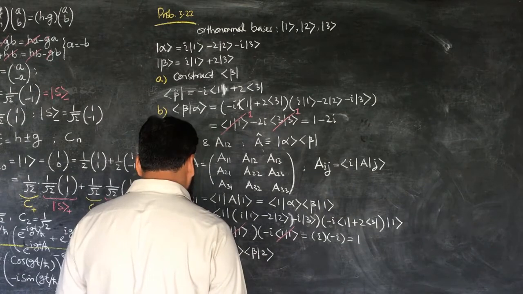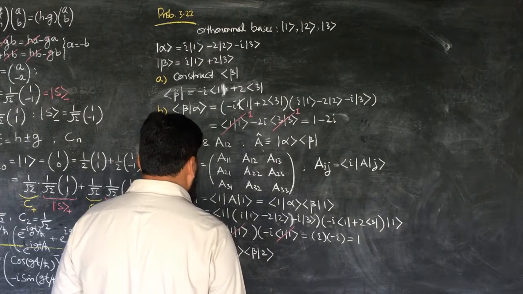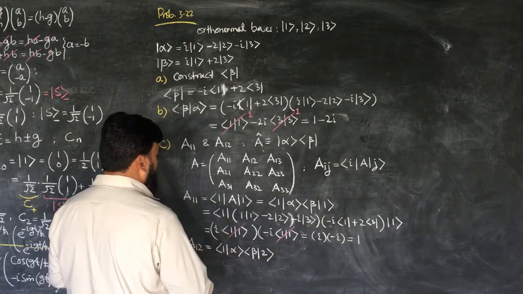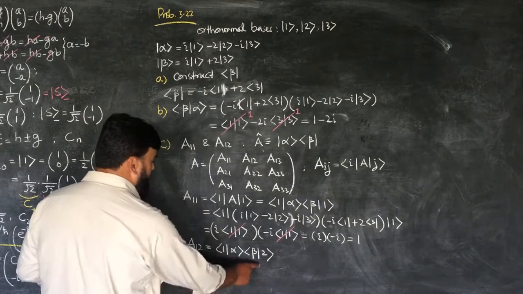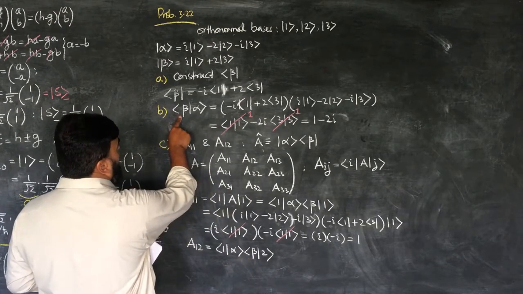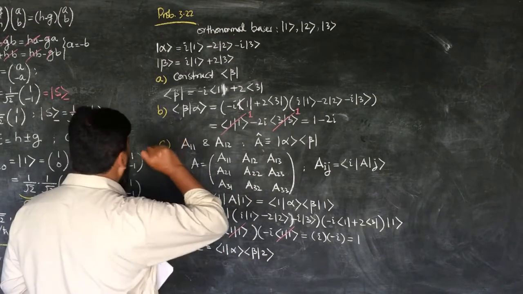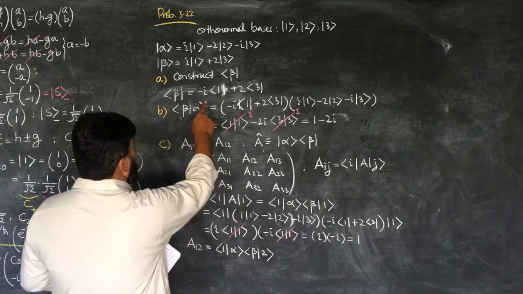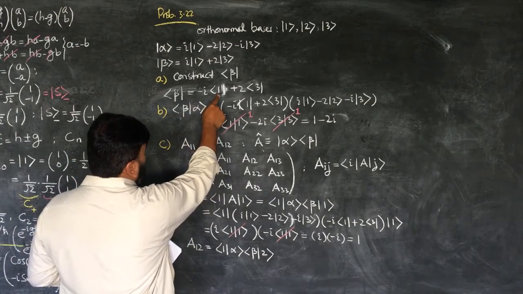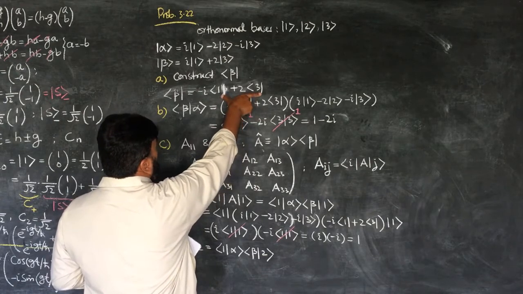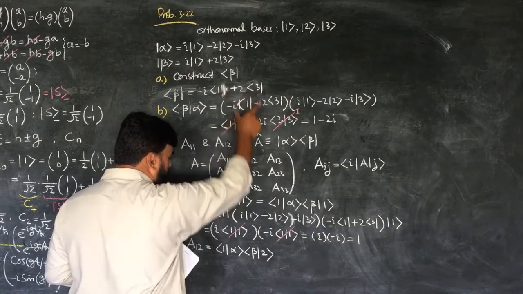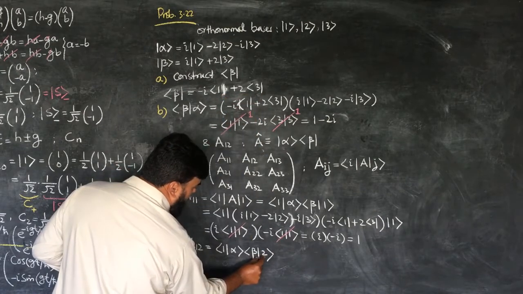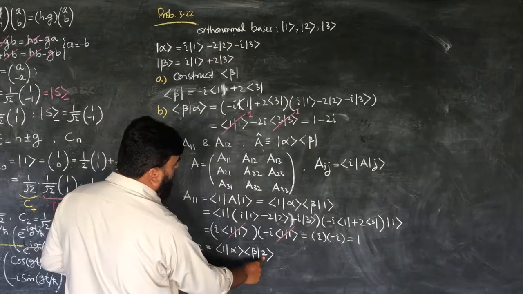Now let's come to beta. In beta we have only the orthonormal bases <1| and <3|, while here beta is multiplied with |2> only.